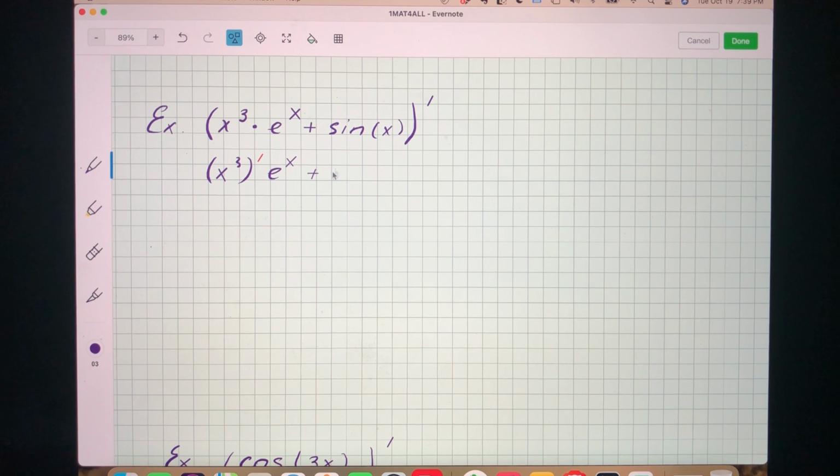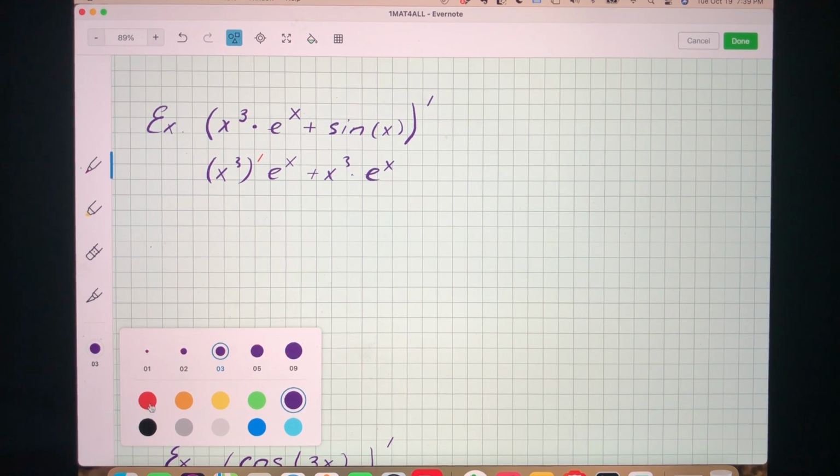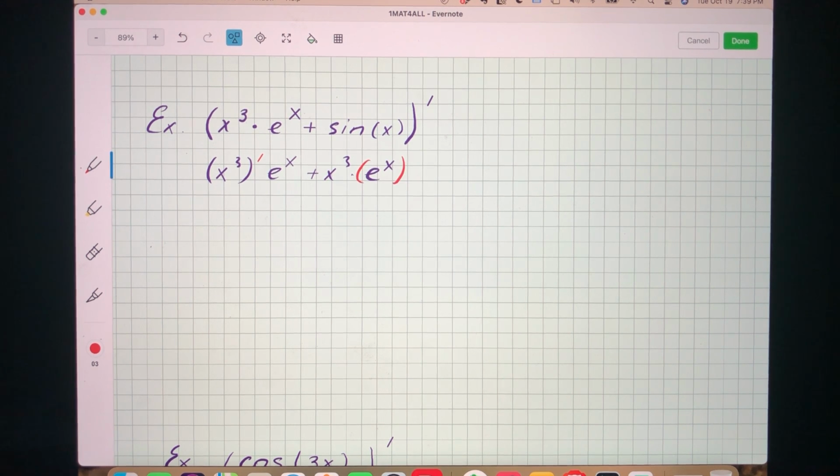So now x cubed times e to the x, and we are taking the derivative of that. Now the next is the derivative of sine x, and that is just the formula that goes with the derivative of sine x.